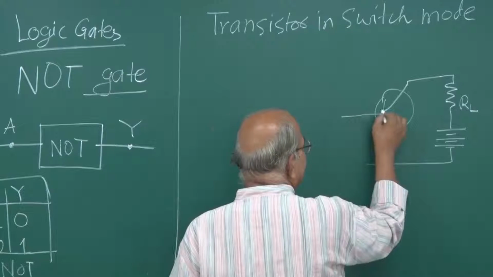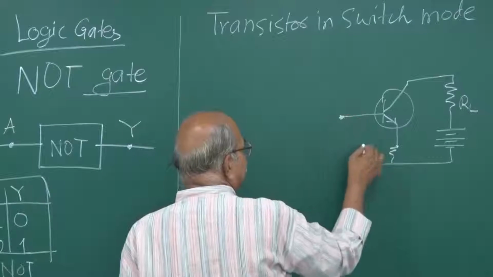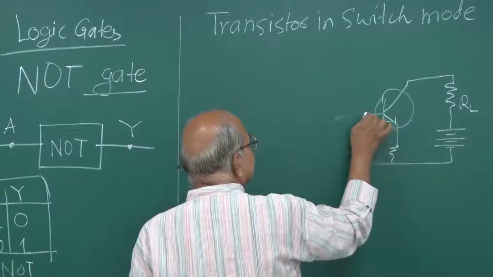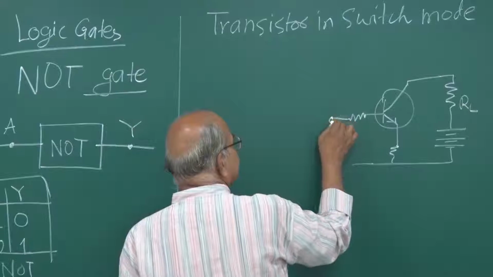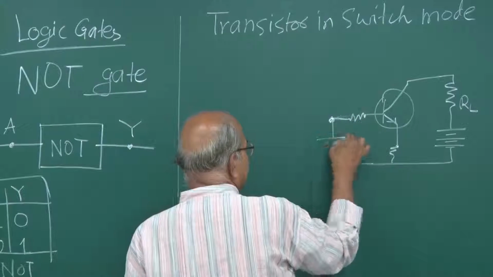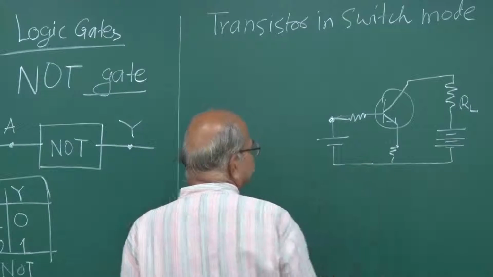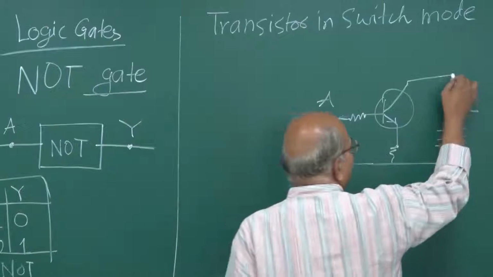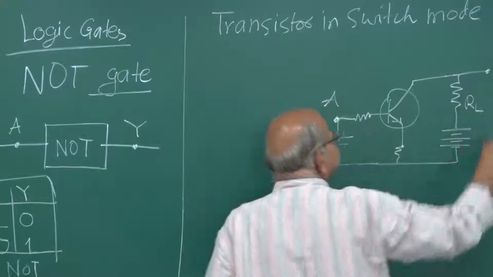And then here is that input, right? So you can put a resistance here, you can put a resistance here, and then this is the input point. So this is that point A, and you can take your output from here. This is the point Y.